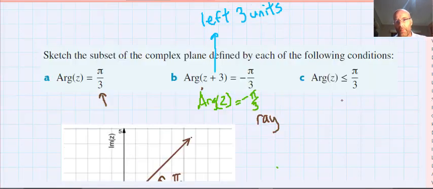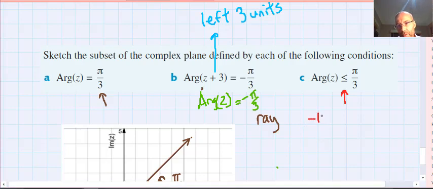Okay, finally now we have arg z is less than or equal to pi on 3, and we have an inequality there. So that suggests we're going to be shading a region in. Now in general, if you know your stuff, you'll know that the argument is defined as this. We define it in terms of what's called the principal argument. So in general, for a complex number, now be careful, remember it's exclusive at that end and inclusive at that end.